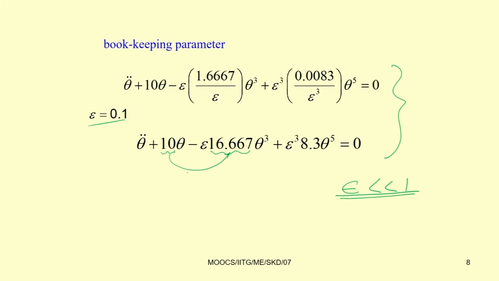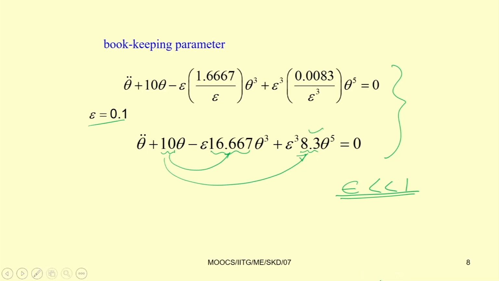You have to make it in such a way that they are of the same order. Here also you can see this nonlinear term is of the same order. It may not be exactly equal to 10, but it should be near 10. Here it is 16 point something, and the cubic term coefficient is 8.3.